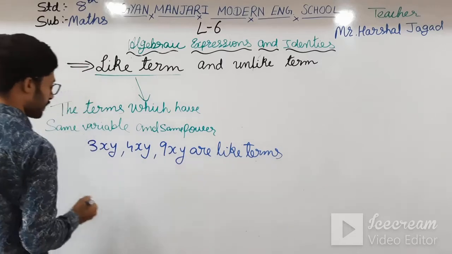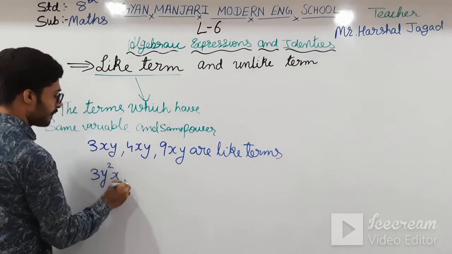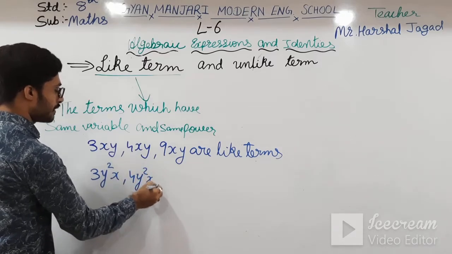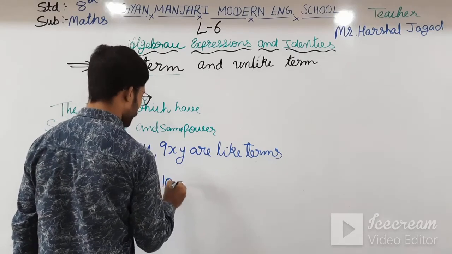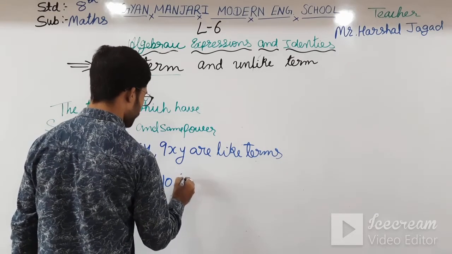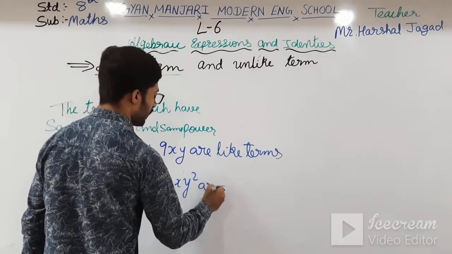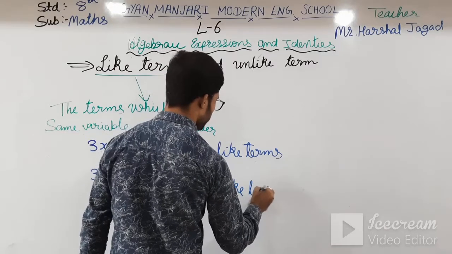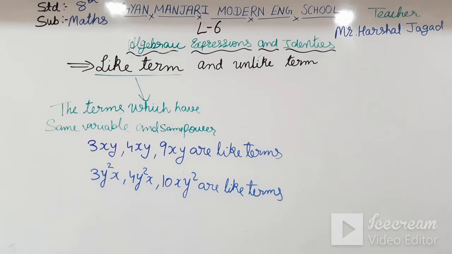And here are some other examples: 3y square x, 4y square x, 10 x y square are like terms. So these are some of the examples of like terms.